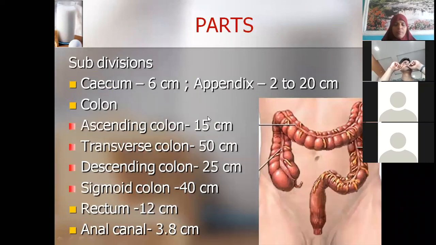Okay, now see the length of each part of the large intestine. Now we are trying to understand. Now cecum, the length of cecum is 6 centimeters. This is the cecum. And the length of appendix varies. It may range from 2 centimeters to 20 centimeters. In some, most of the 20 centimeters also.